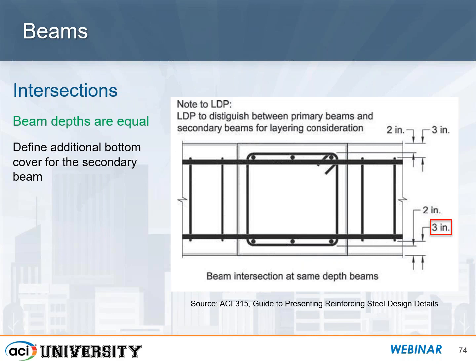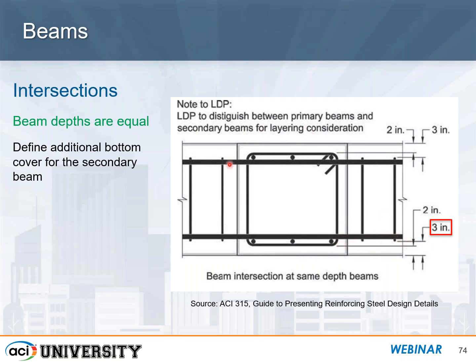Beam intersections can cause a lot of headaches, especially when the beams are the same depth. If you have a typical detail and it shows what the cover is to the longitudinal reinforcement in the beams, that's not going to be enough, because if we have these beams that are framing into this other beam, you can see the cover to this beam is 2 inches, and if we don't have any additional information, these bars are also going to be, at least initially, detailed assuming it was 2 inches, knowing then that you're going to have an issue here with the bars coming in at the same elevation.